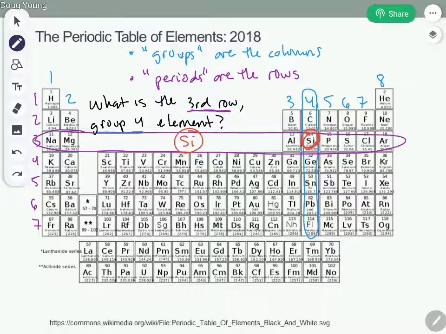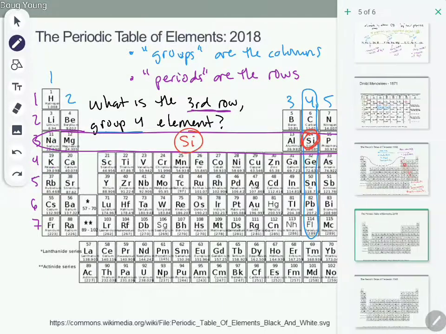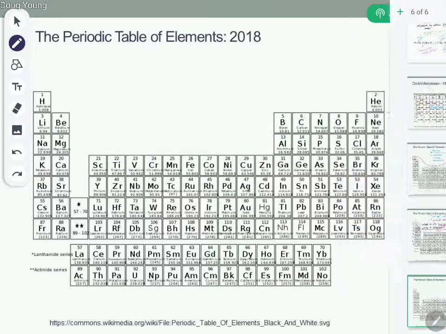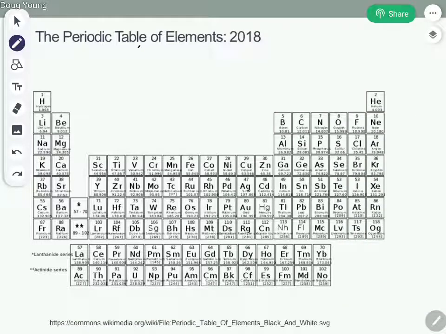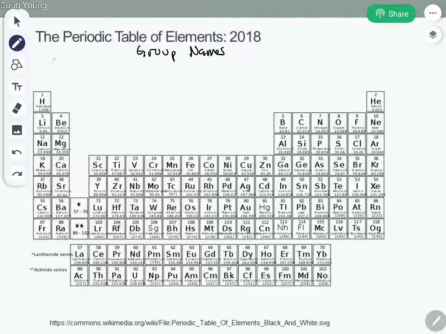Now these groups have more specific names. I've already said before, a lot of things like noble gases, for example. So we do have more specific names for these groups. We'll put some on this periodic table. So group names. The first group, group 1 here, these are what's called the alkali metals.